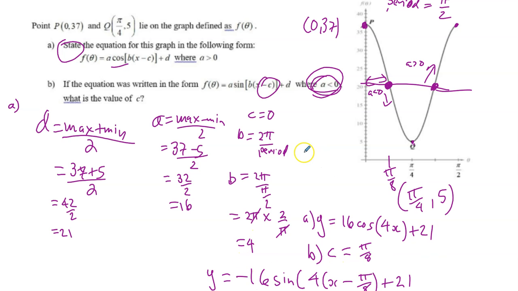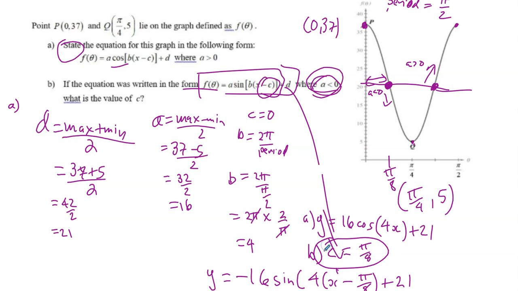We're going to go right, so if we match that form up with this, you'll see that the c follows a minus sign, so c is equal to pi over 8. And we're done.